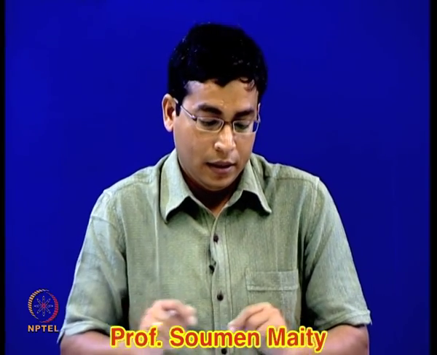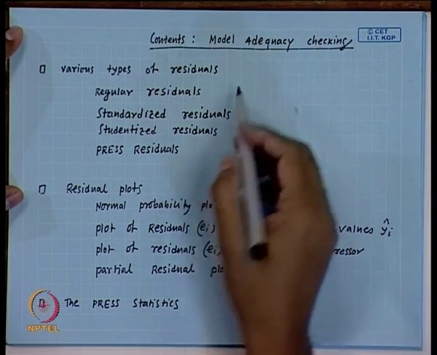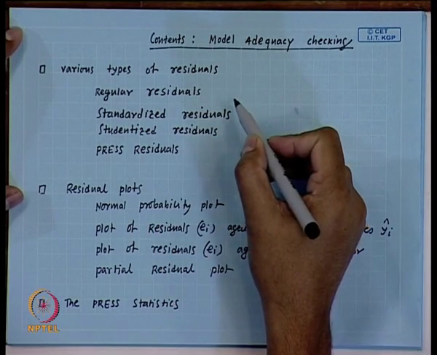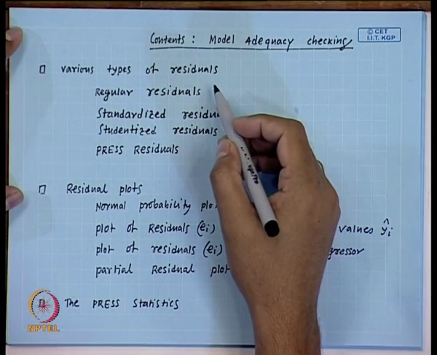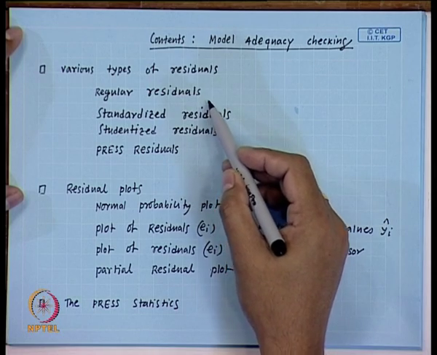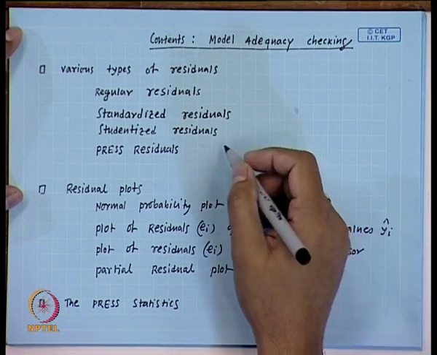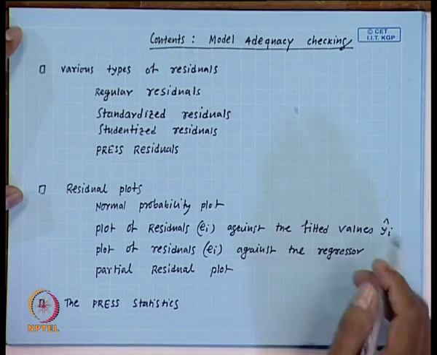This is the third lecture in module 5, that is, model adequacy checking. Here is the content of this module. We have already talked about various types of residuals, like regular residuals, standardized residuals, studentized residuals and PRESS residuals.